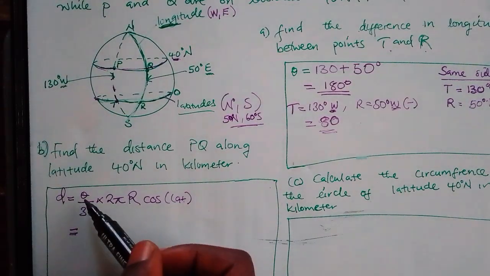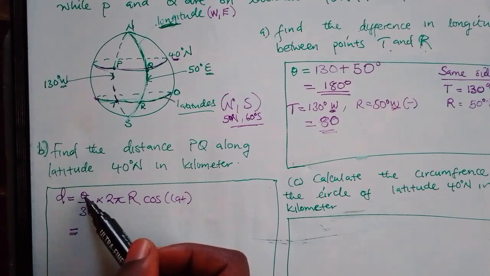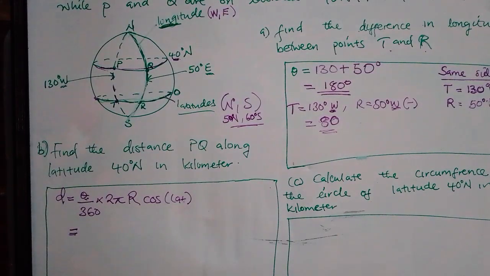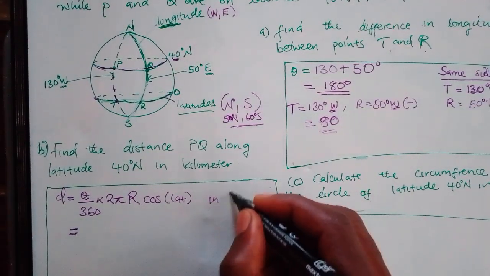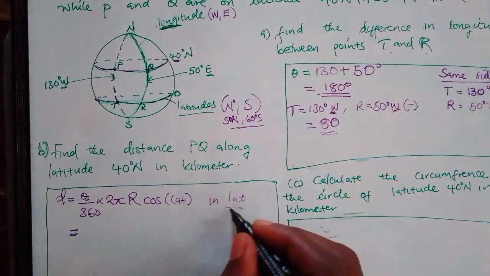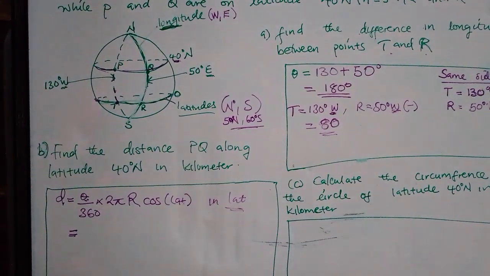So basically this angle is the difference in what? Longitude. So here is what you need to know. When you are calculating distance in latitude, the difference we use is in longitude.